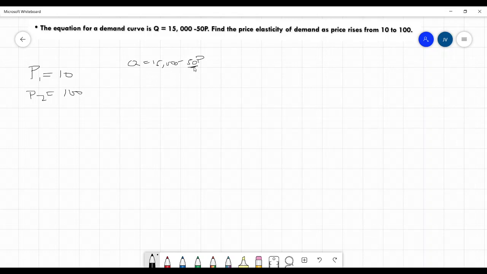If you can remember, 50p, or this coefficient of p, is the slope, right? And the formula for our slope is change in Q over change in P. Familiar? Change in Q over change in P.